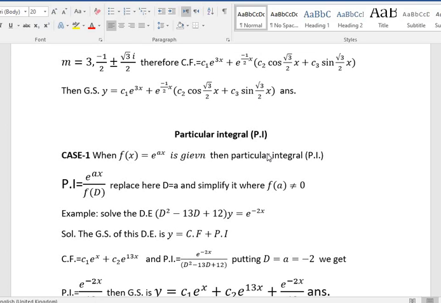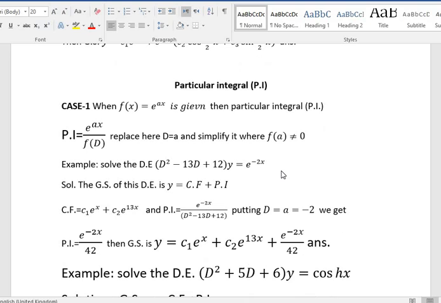Now I am going to explain how to find the particular integral. When the given differential equation has f(x) on the right hand side, suppose the simplest example, f(x) is given as e power ax, then particular integral, that means PI equal to, what you have to do, write this function, that means f(x) function divided by f(D).